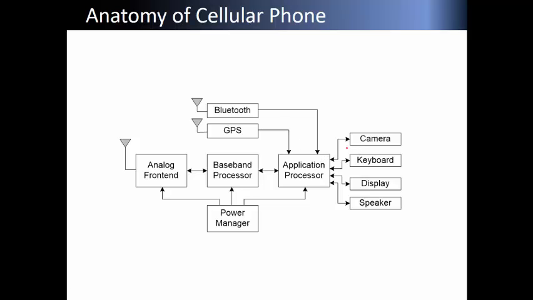Okay, so it could be some image data or video data from cameras, and some data from your keyboard, some of the displays. This is more output layers. Okay, so this is for the inputs.